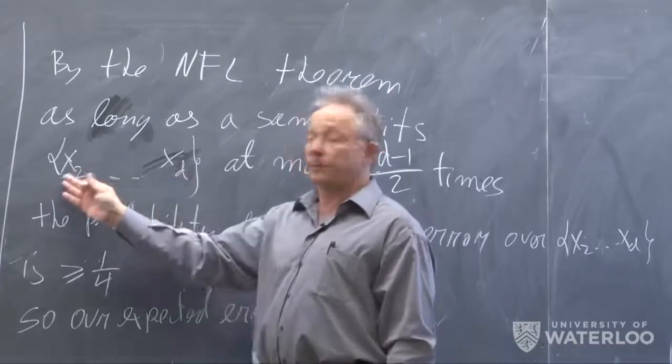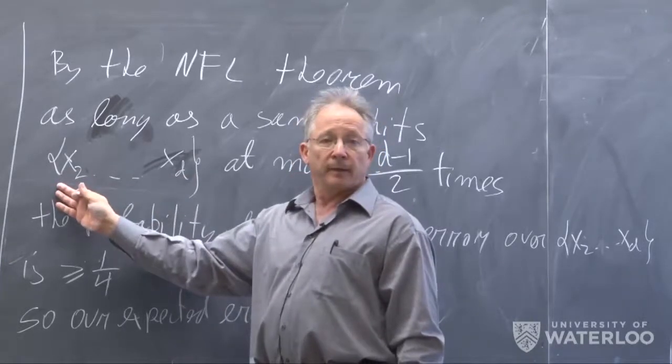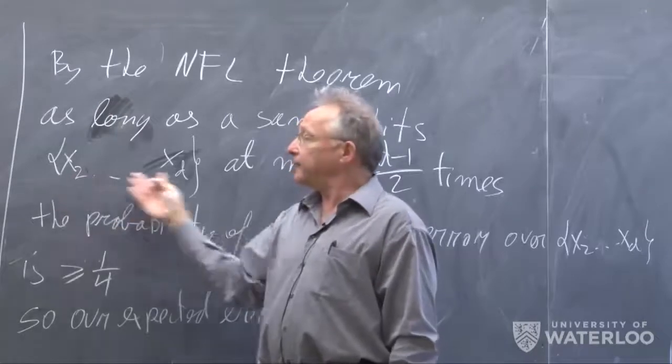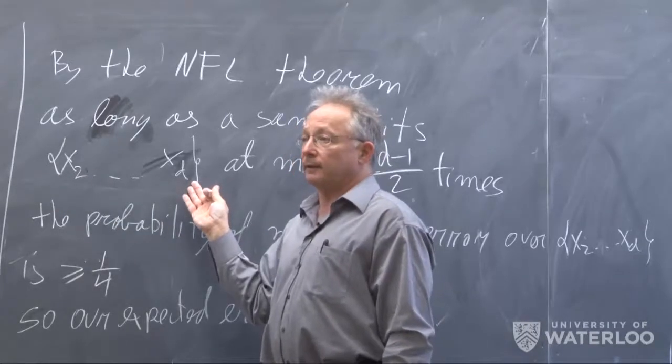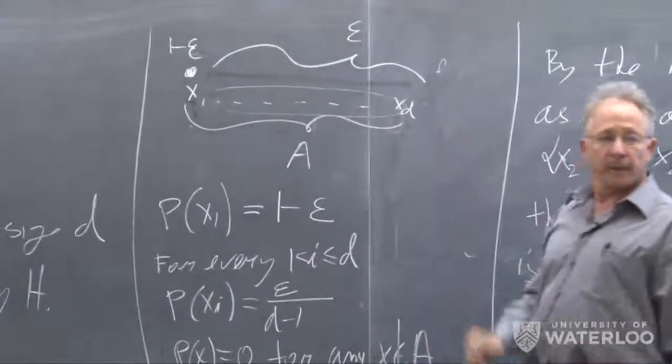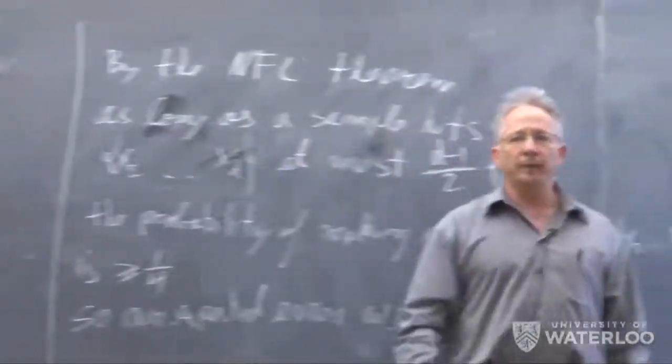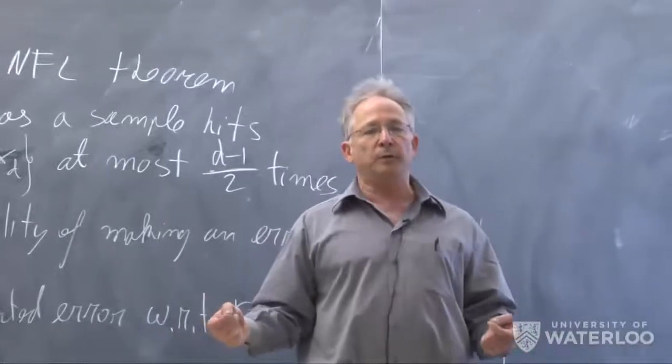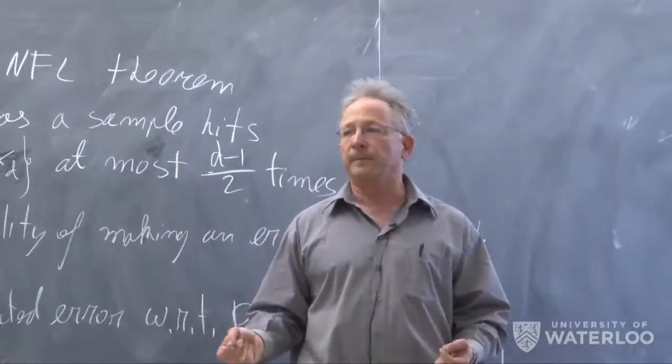This is given that the test point comes from here. But the test point is not necessarily coming from this set. The test point is drawn over this full distribution. So what is my probability of error when the test point is drawn according to P?